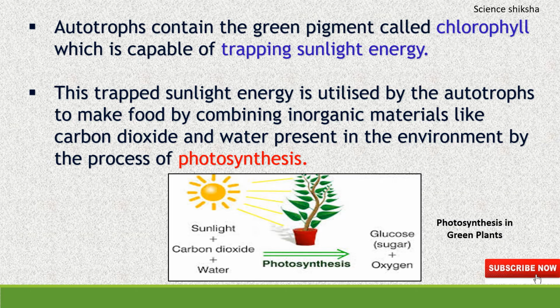So in the picture you can see here that sunlight plus carbon dioxide plus water, and the chlorophyll is present in the plant. It is forming the glucose, that is sugar, and oxygen is released in the air. It means that photosynthesis is a process of forming the food, that is glucose, in the presence of sunlight, carbon dioxide, water and chlorophyll.